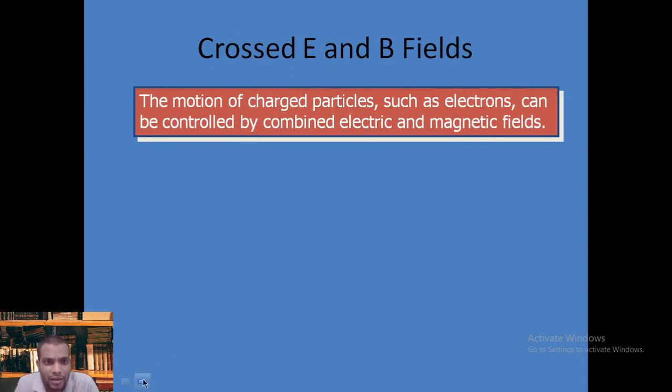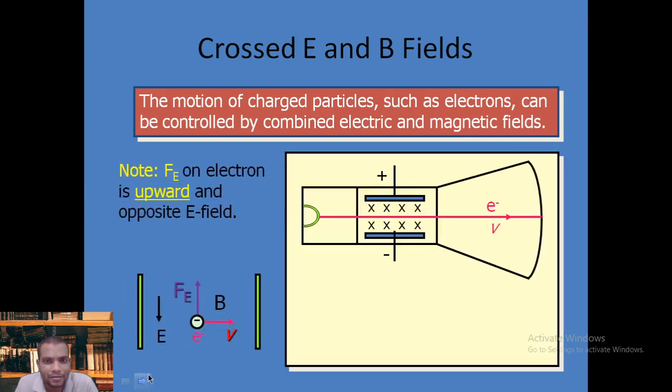then this is an advantage. The motion of charged particles such as electrons can be controlled by the combined electric field and magnetic field.